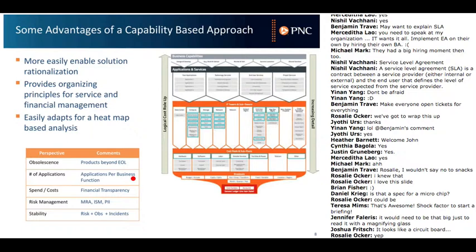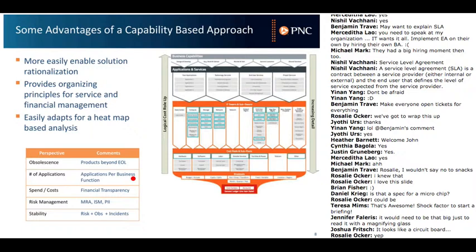Maybe you can give me a sense of, given a particular capability, how many applications are providing that capability. That might give you a sense of possible ability to rationalize, where cost is a factor, but so is consistency.